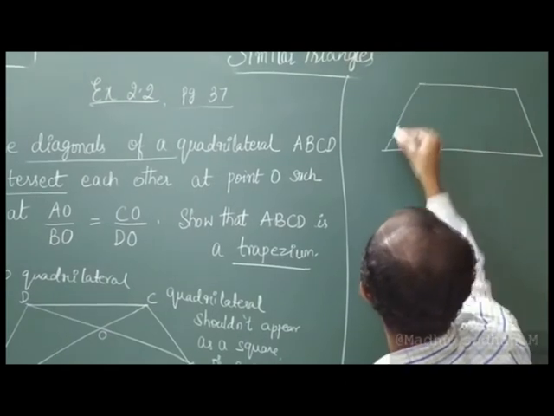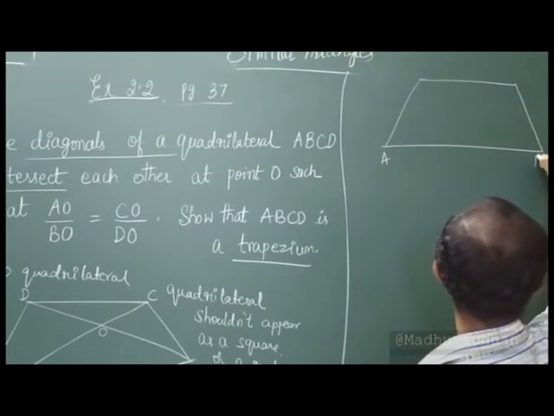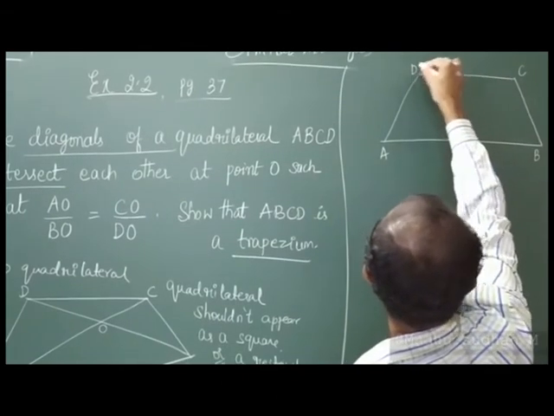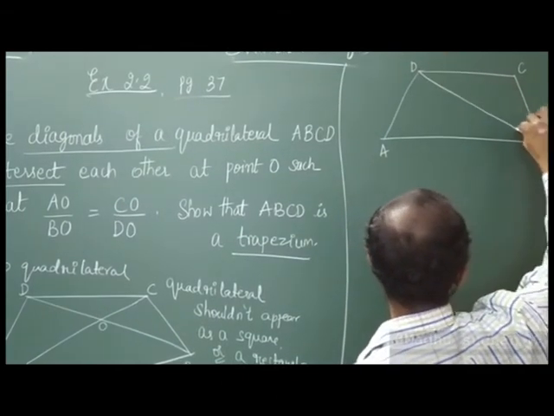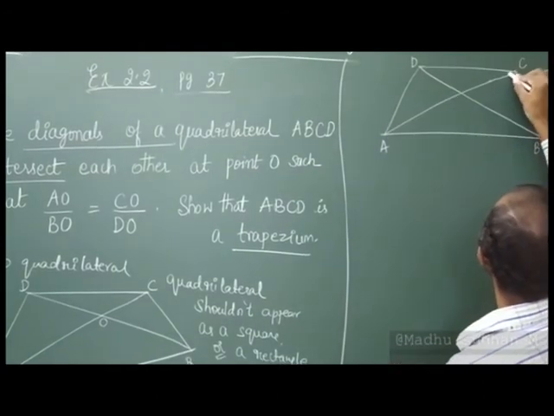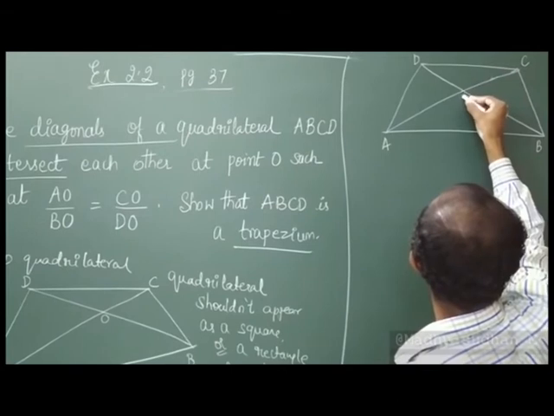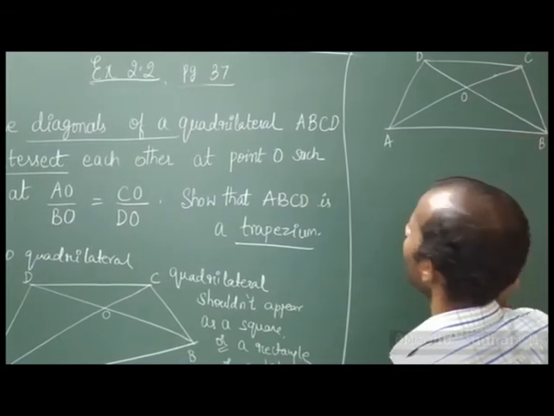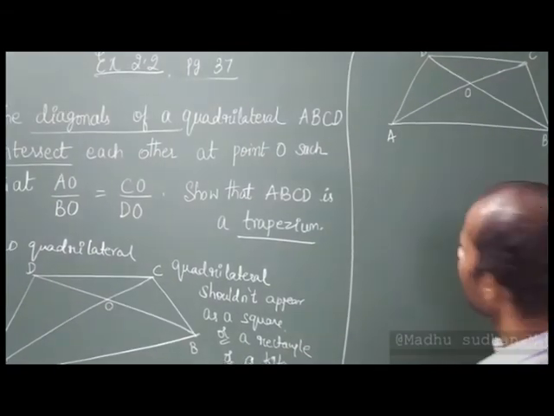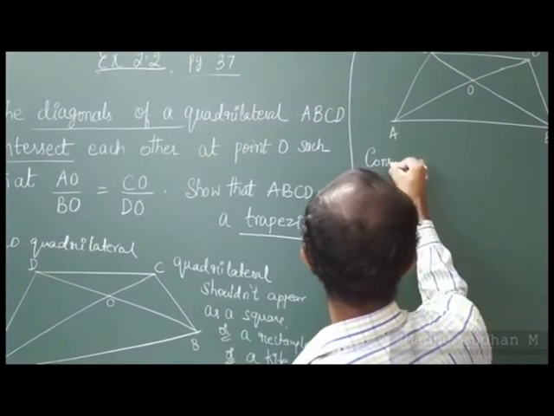This is my A, this is B, this is C and this is D, joining the diagonals, and this is the intersecting point O. Show that ABCD is a trapezium. Let me do one construction here.